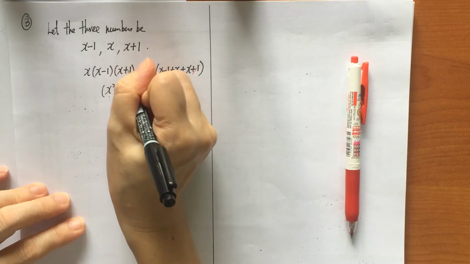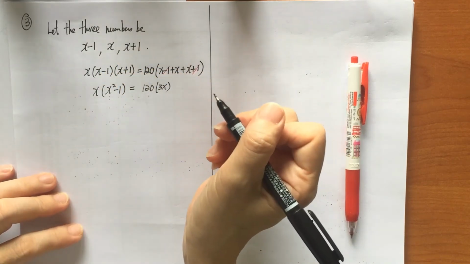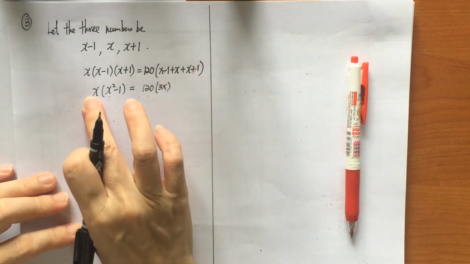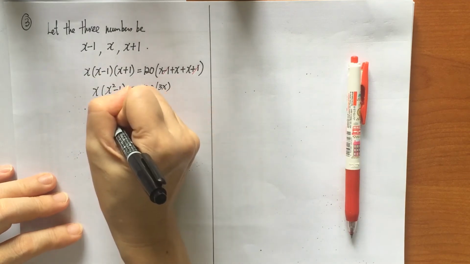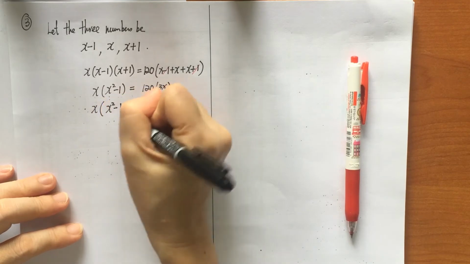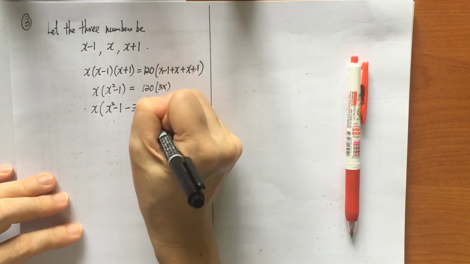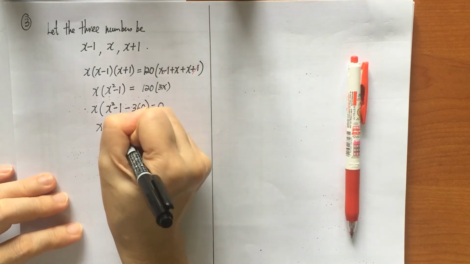This is the a plus b, a minus b, so times x. Okay, so now I'm not going to multiply in. I'm going to see the x, and there's an x here, so I'm going to bring x out. So when I bring x out, I'm getting x times x squared minus 1 minus 360 equals to 0. Okay, so x times x squared minus 361.